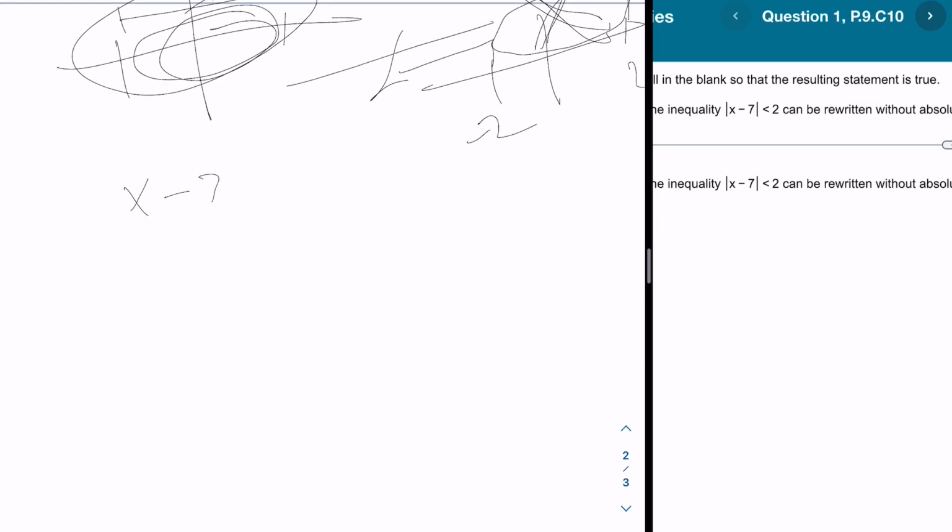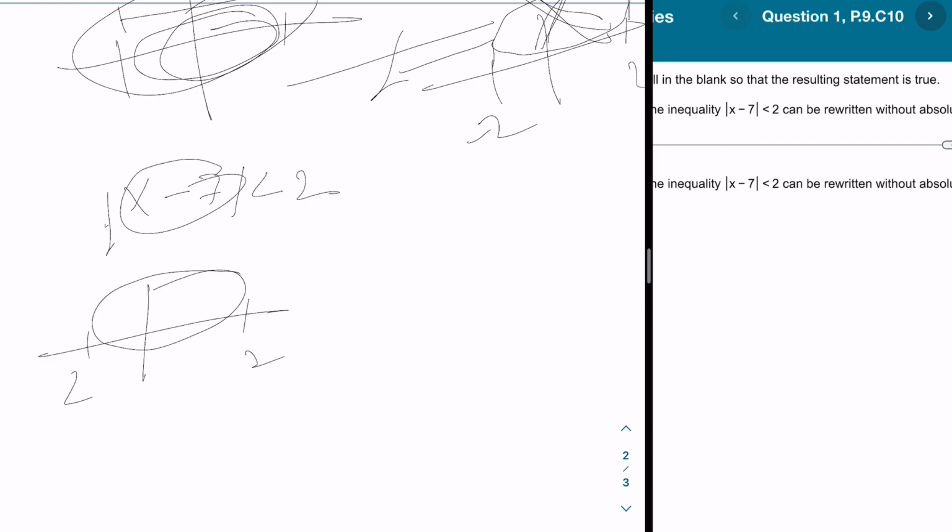So we are given that the absolute value of x minus 7 is less than 2. Less than 2 means between 2 and minus 2. So x minus 7 is in between these numbers, right? So our interval we can write as x minus 7 is less than 2, and here this will be greater than minus 2.